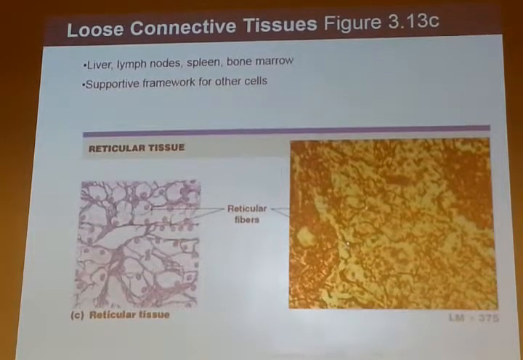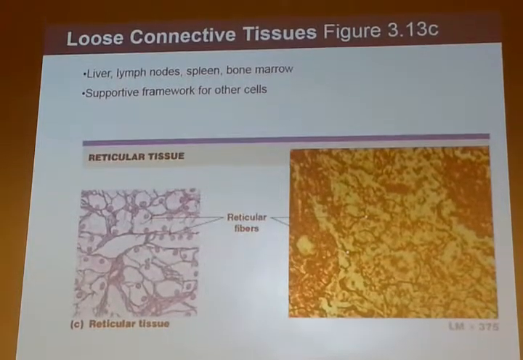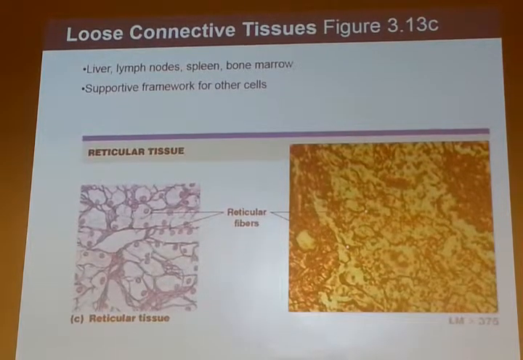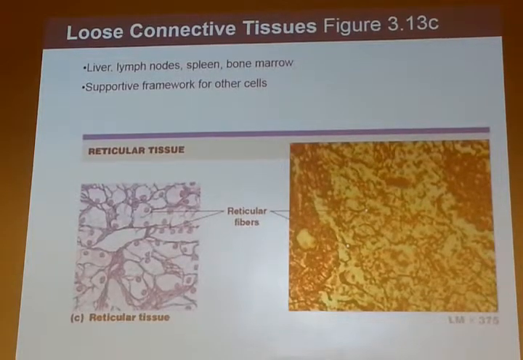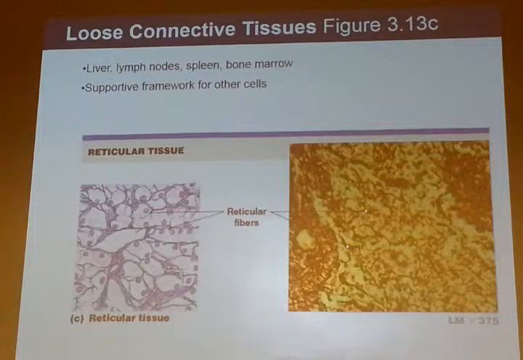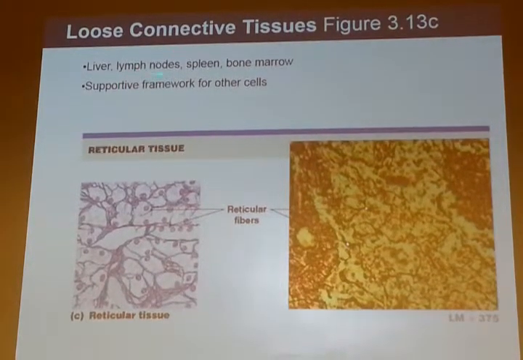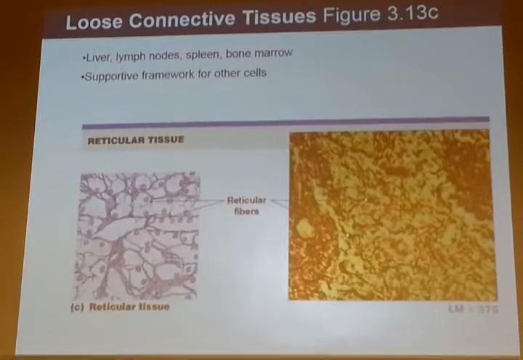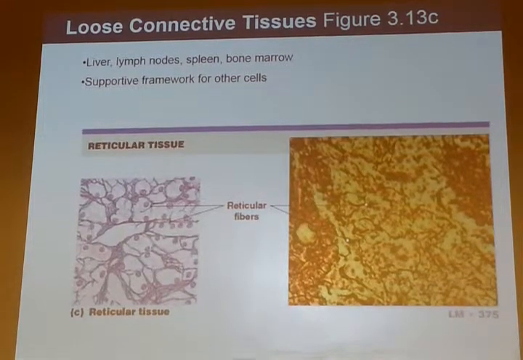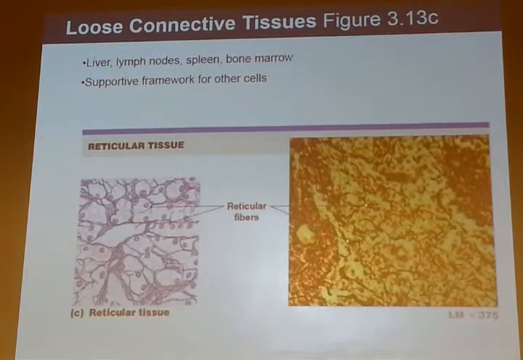It could be hepatocytes that are now put in place in the liver to give the orientation for blood to flow by, so hepatocytes can pick up the things that they need to remove from the blood. So liver will have reticular tissue, lymph nodes, also immune cells hanging out there, wandering through the lymph node and looking for pathogen that may be coming in the lymphatic fluid.